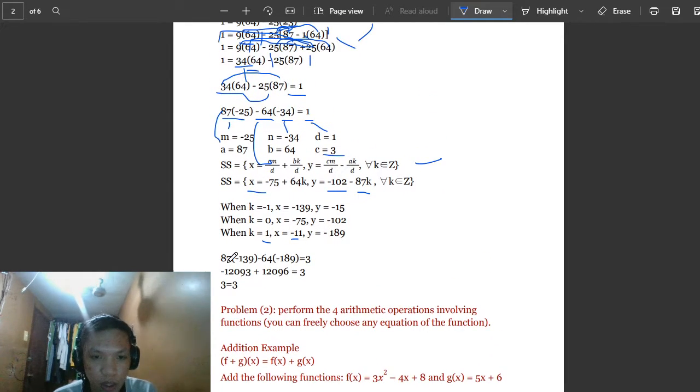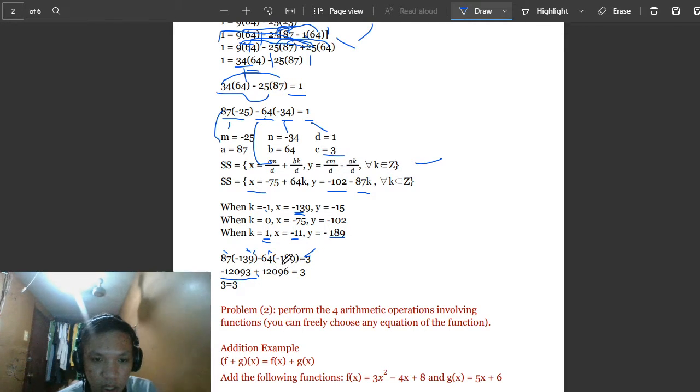Now we verify in the original equation, the LDE. 87 times 139, taking k equal to negative 1 for x. Then for the last equation, minus 64, we add the last y at k equal to positive 1, which is negative 189. So multiply by 64. The result is negative 12,093.